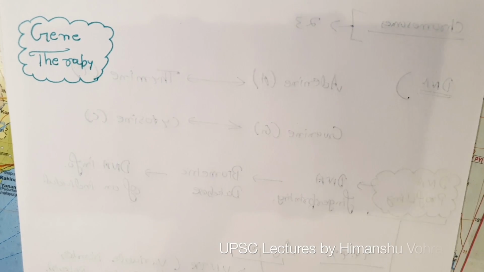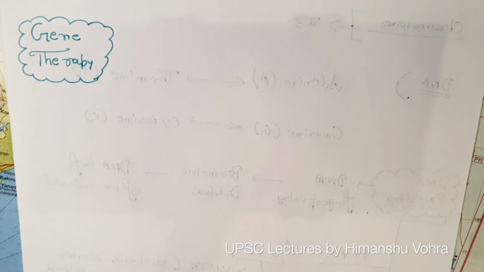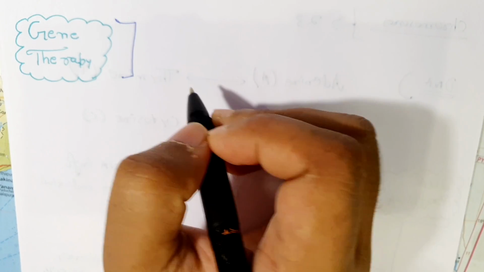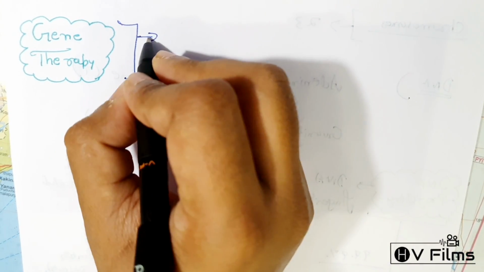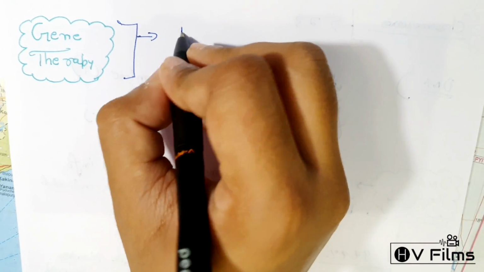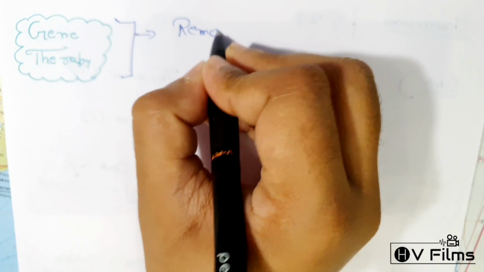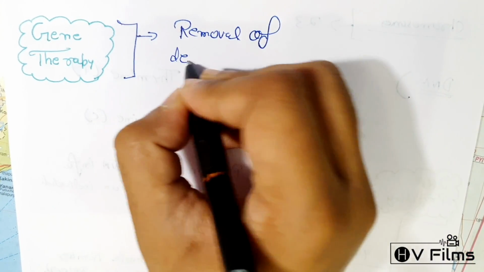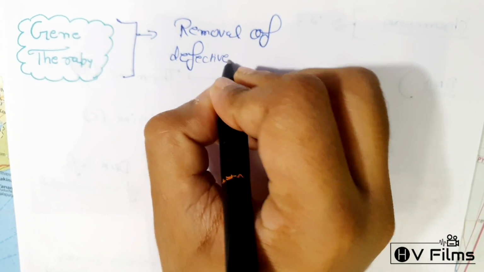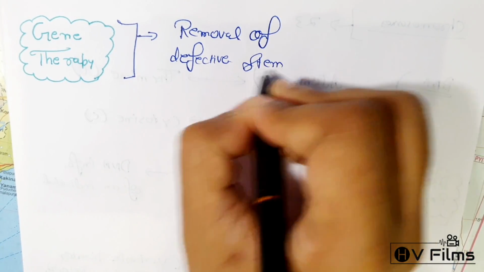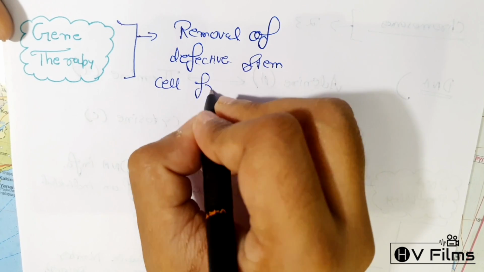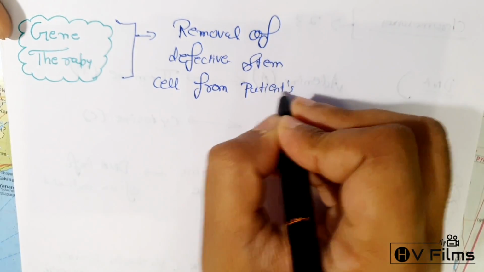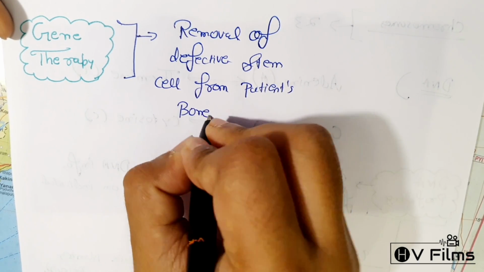Gene therapy involves the removal of the defective stem cell from the patient's bone marrow. So let me write it here: the removal of defective stem cell from the patient's bone marrow.